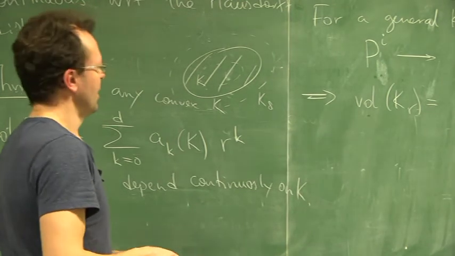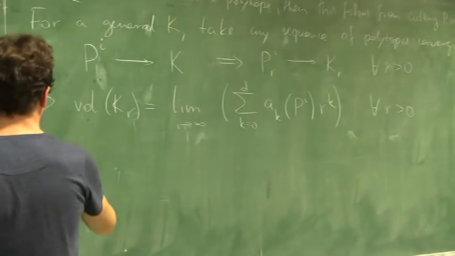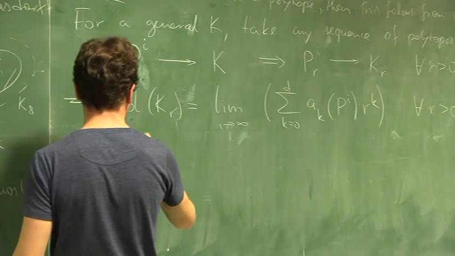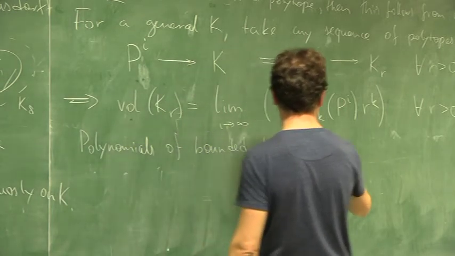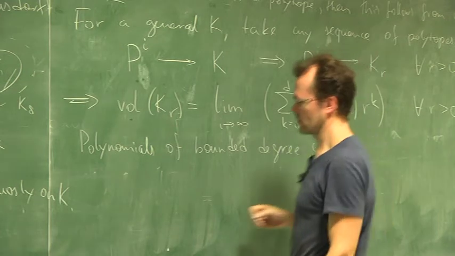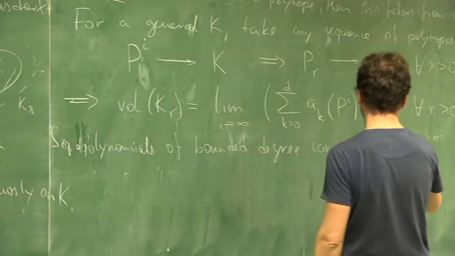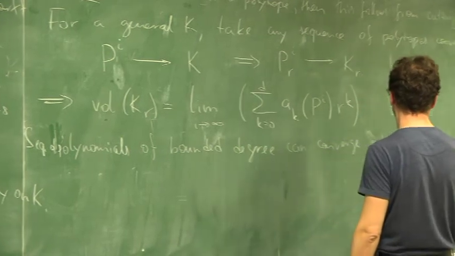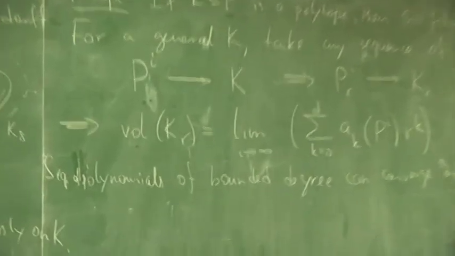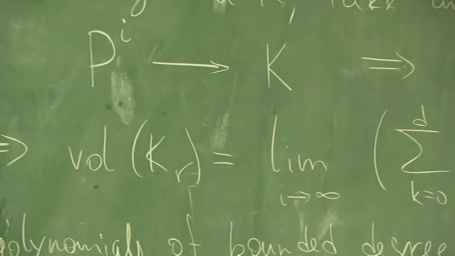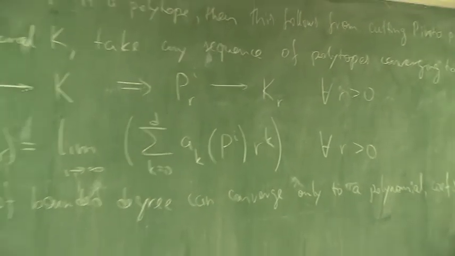That can be proved. And besides, the coefficients converge to the coefficients of the limit polynomial. And this proves the Steiner formula.